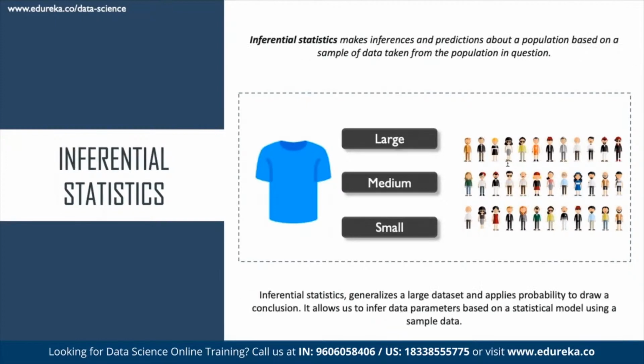And then we have inferential statistics. Inferential statistics basically deals with making predictions about a population based on some sample data, right? So for example, suppose we have a large, medium, or small set of data with us. In inferential statistics, we simply take a sample out of the entire population.